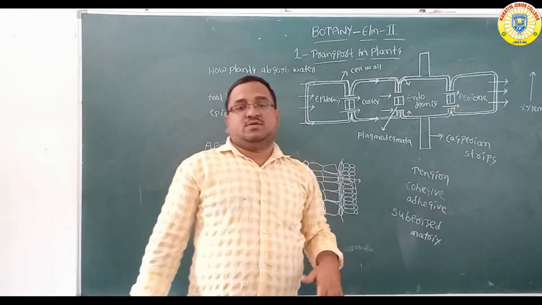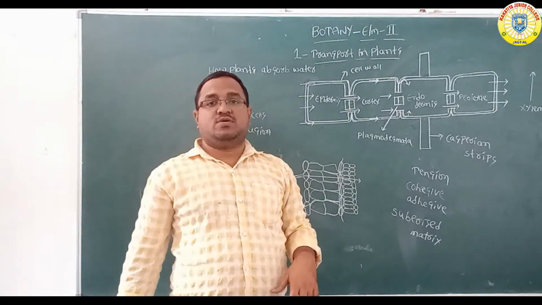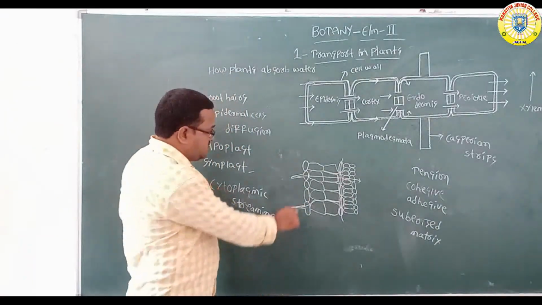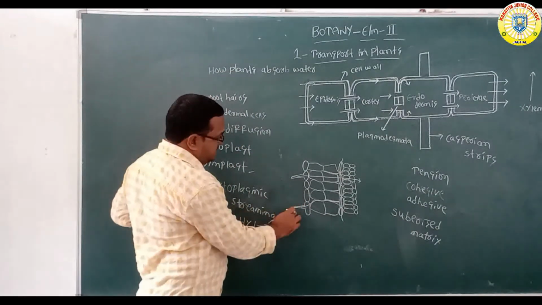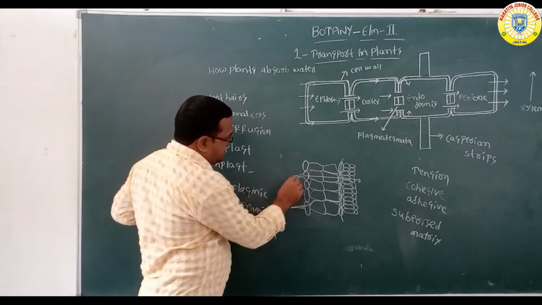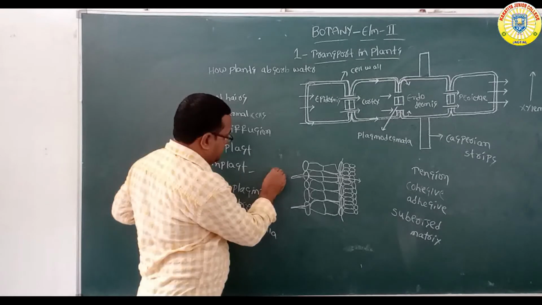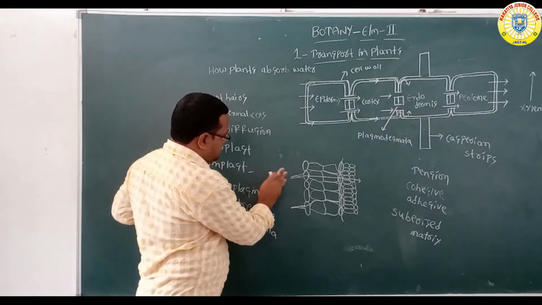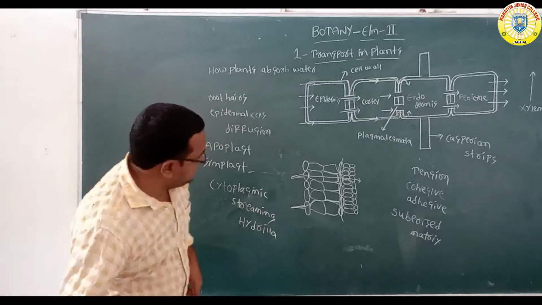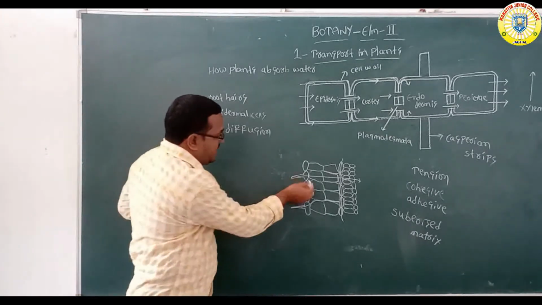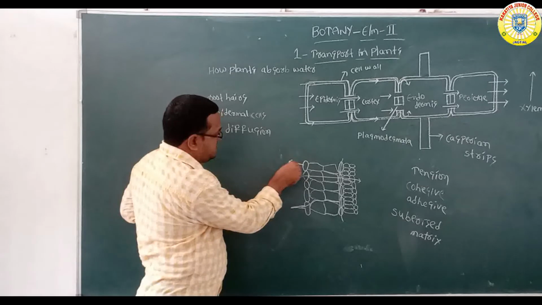So these are the root hairs. Here you can see on the diagram, this is the symplastic movement. This is the epidermis.